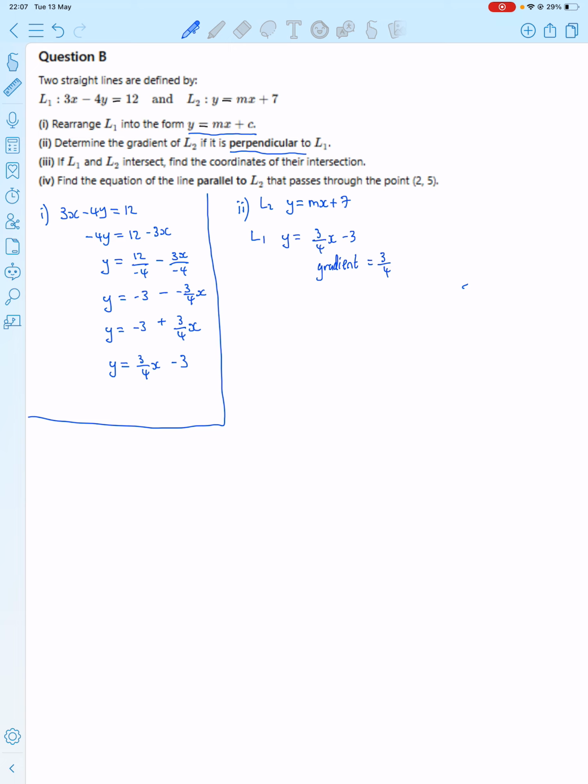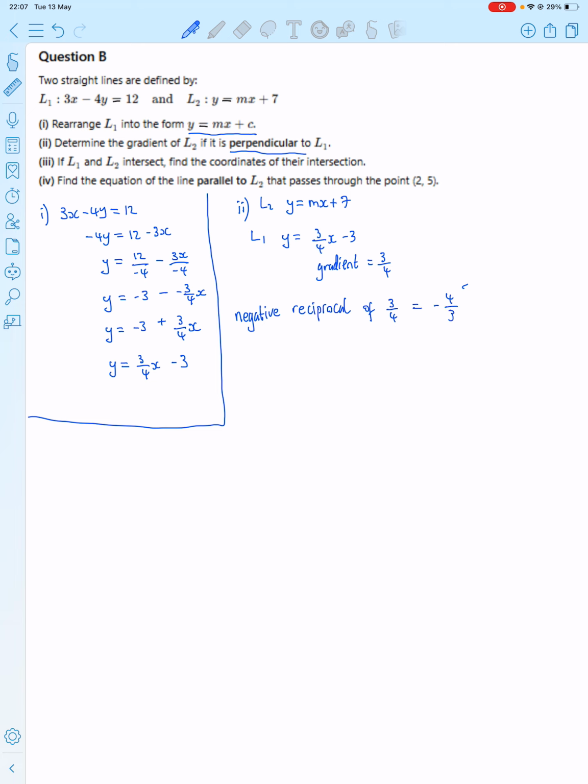Now, if L2 is perpendicular, that means we take the negative reciprocal of 3/4. The reciprocal of 3/4 is 4/3.